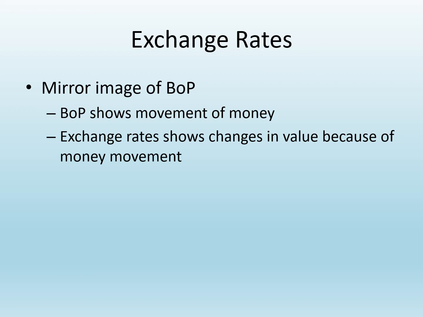The balance of payments shows the value of those flows. So in other words, money moves between countries. That's a physical movement of funds. The exchange rate shows you the value of the currency as a result of those changes.